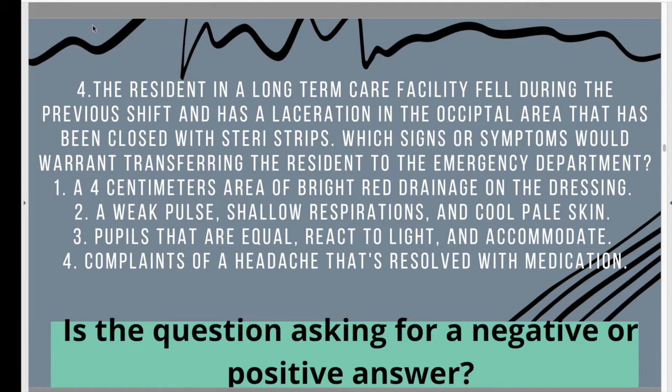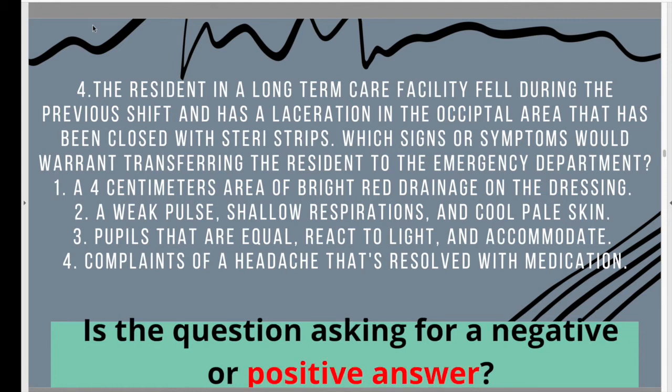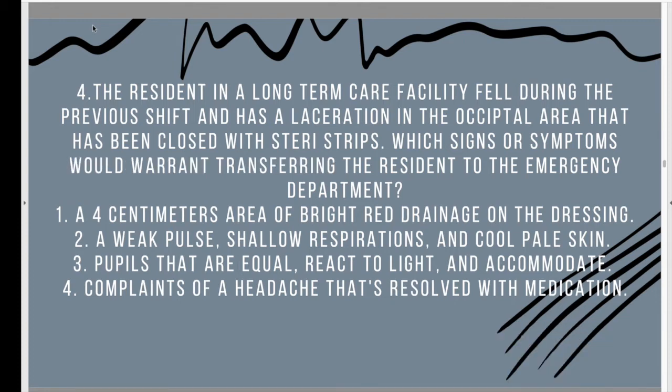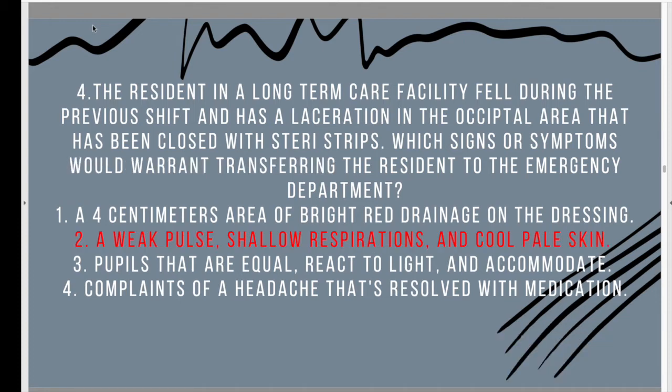So my answer here is number 2. Since we are looking for a positive answer, keywords would warrant transferring, so number 2 is the worst case scenario. So that is the answer. Number 2, these signs and symptoms indicate increased intracranial pressure from cerebral edema secondary to the fall, and they require immediate attention.